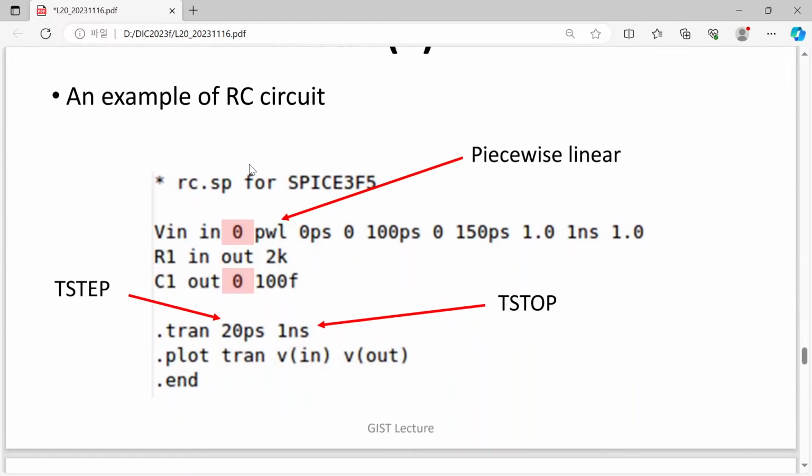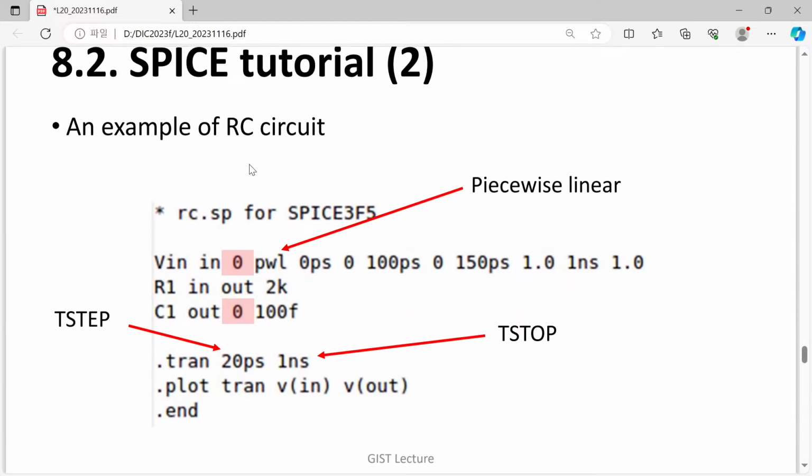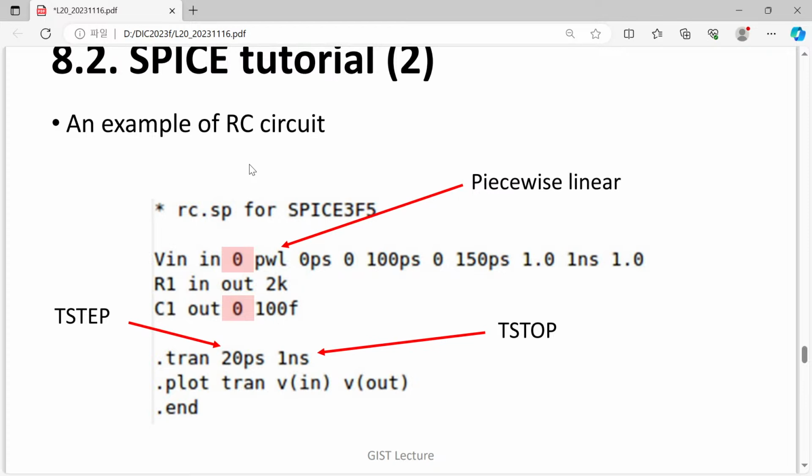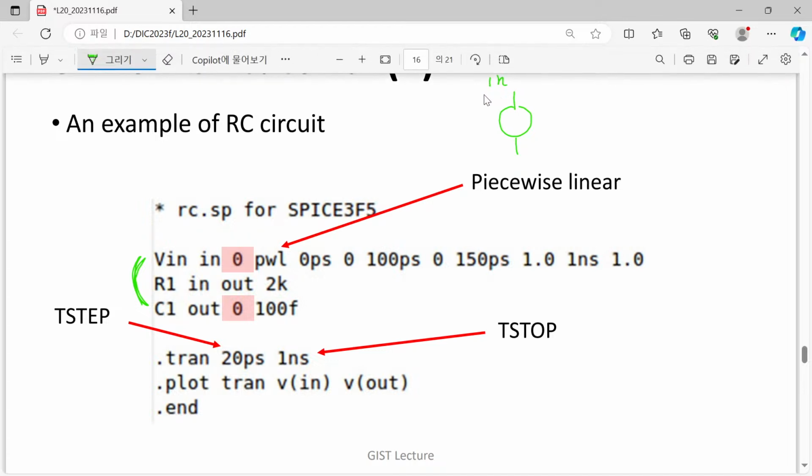Now let's directly dive into an example of an IC circuit. Please try to first build this system. Here we have a Vin. I will start from this Vin, and it is connected to in and ground.